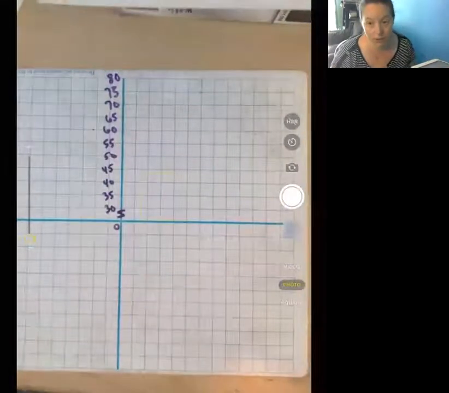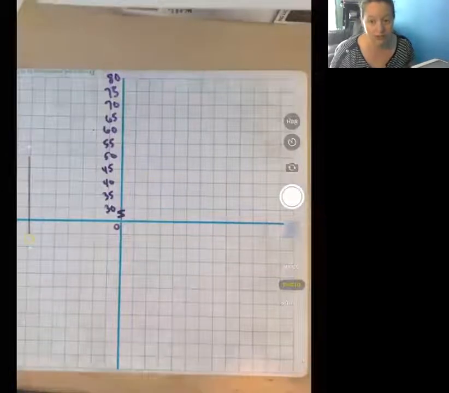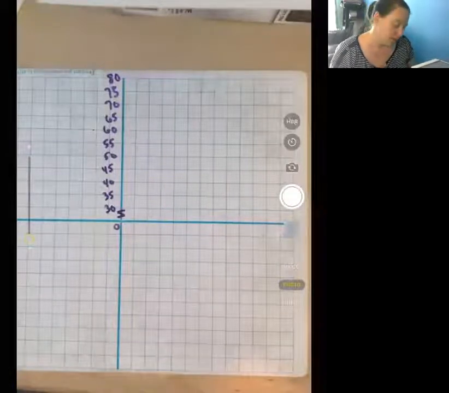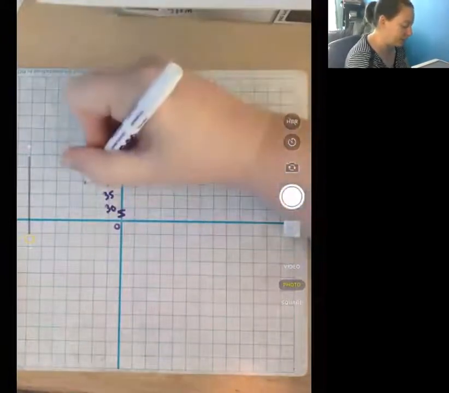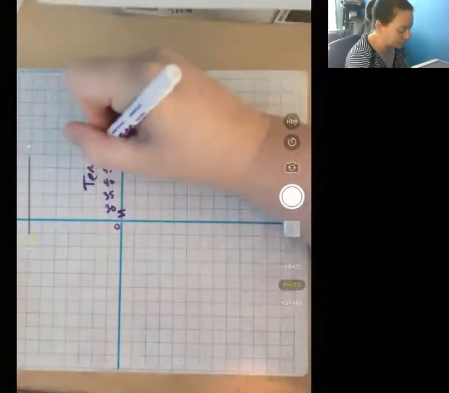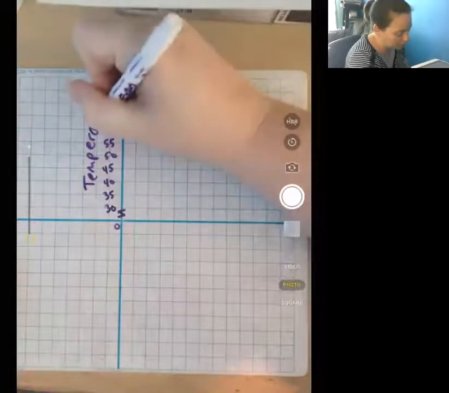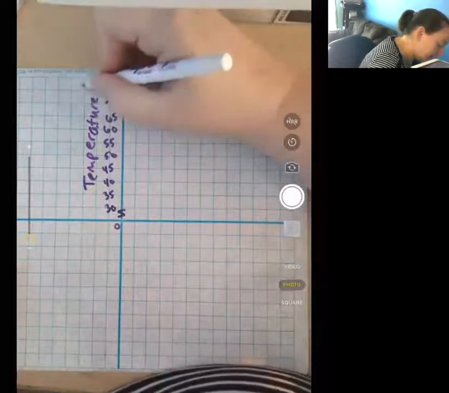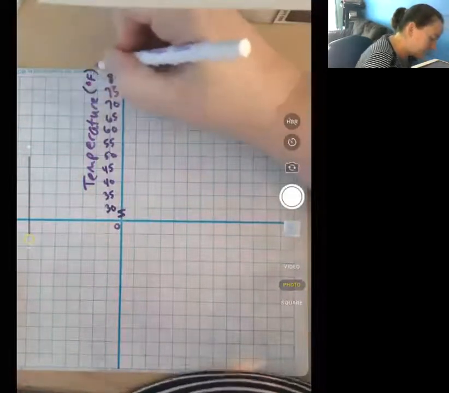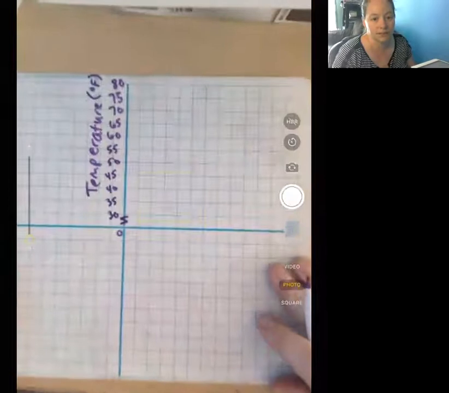That's how I'm doing my graph, because that's how it would fit best on mine. Over here, I am once again, oh, and this is temperature. And then degrees F, so degrees Fahrenheit.